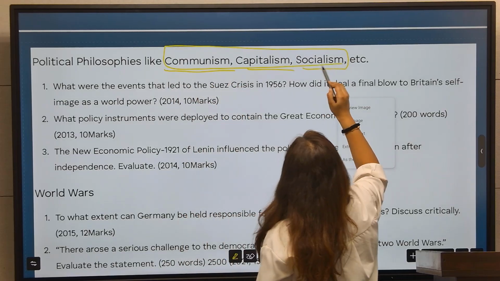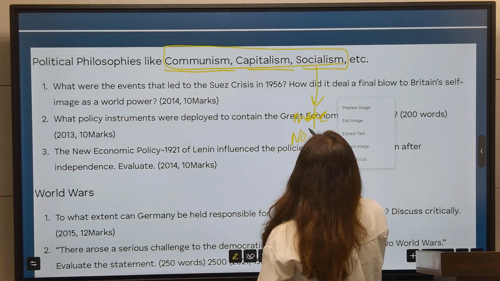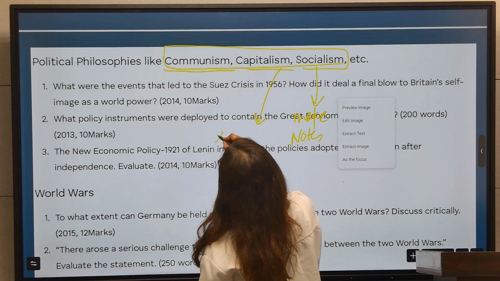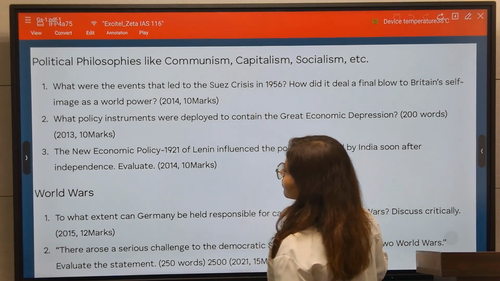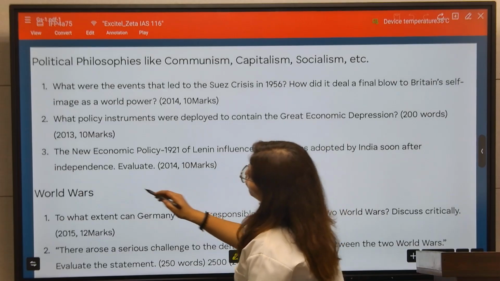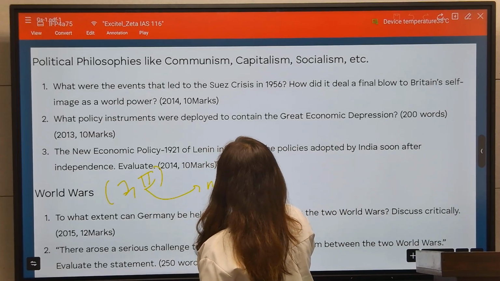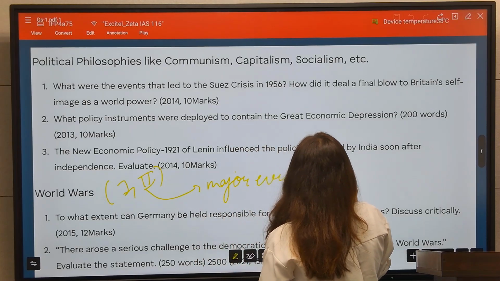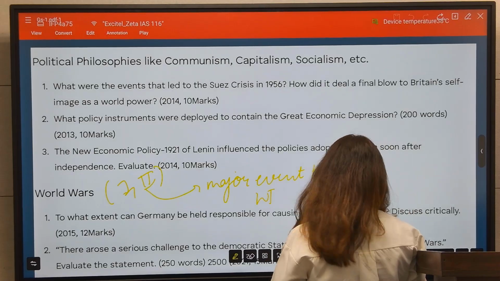On this you have to make notes, and their impact on society. World War 1 and 2, and major events also, the major events that happened in between World War 1 and World War 2.